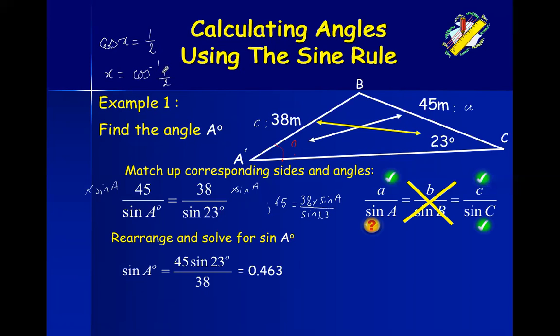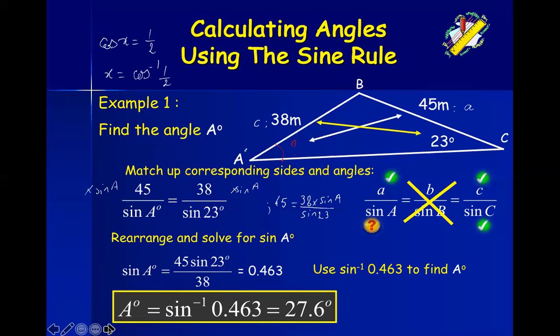So in your calculator, if you do shift cos, this time you're going to do shift sine, and that should give you your answer, 27.58. So yeah, one decimal place.